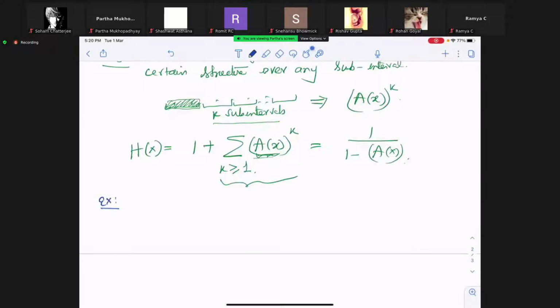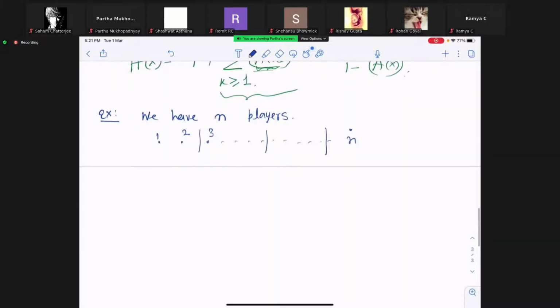So let's take an example. We have n players on a line. These players we can split into an unspecified number of groups, like k groups.